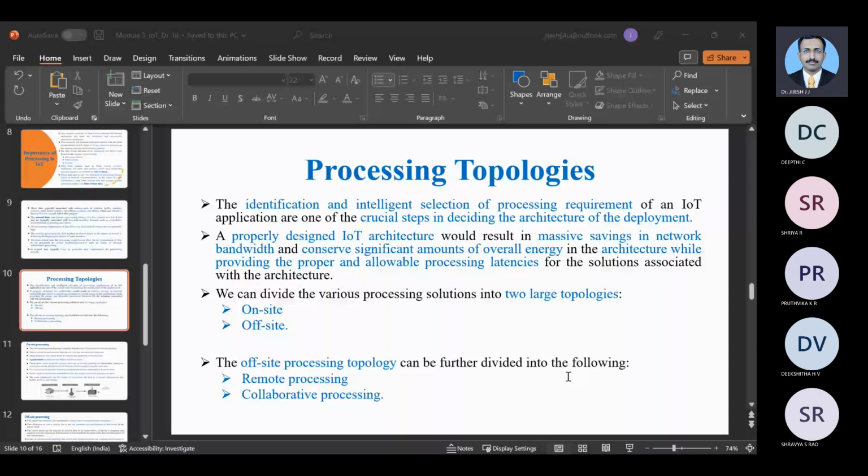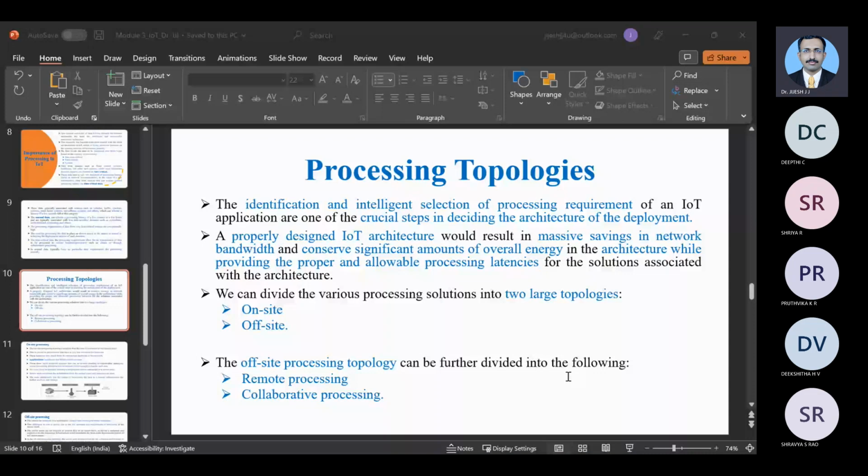We will see the first one, on-site, and then we will see off-site with its two topologies, remote processing and collaborative processing. So the first one is on-site.